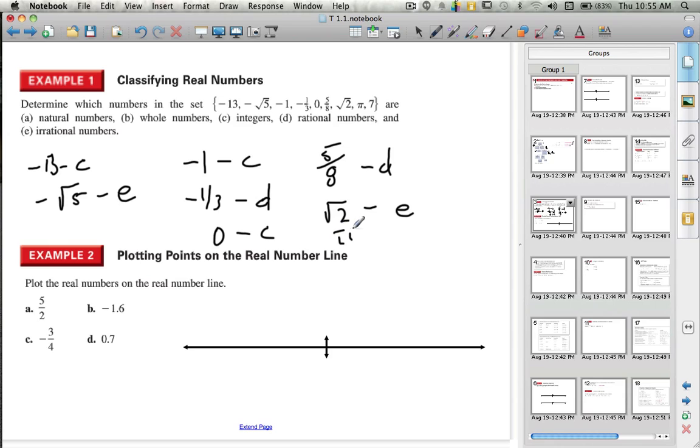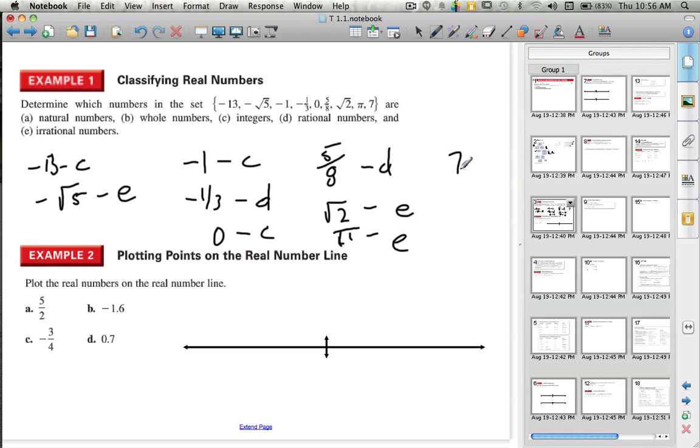Pi is an irrational number. We know it's irrational because it is a decimal that goes on forever without falling into a repeating pattern. For instance, 1/3 is a decimal that goes on forever, but it falls into a repeating pattern: 0.33333333. Whereas pi does not fall into a repeating pattern.